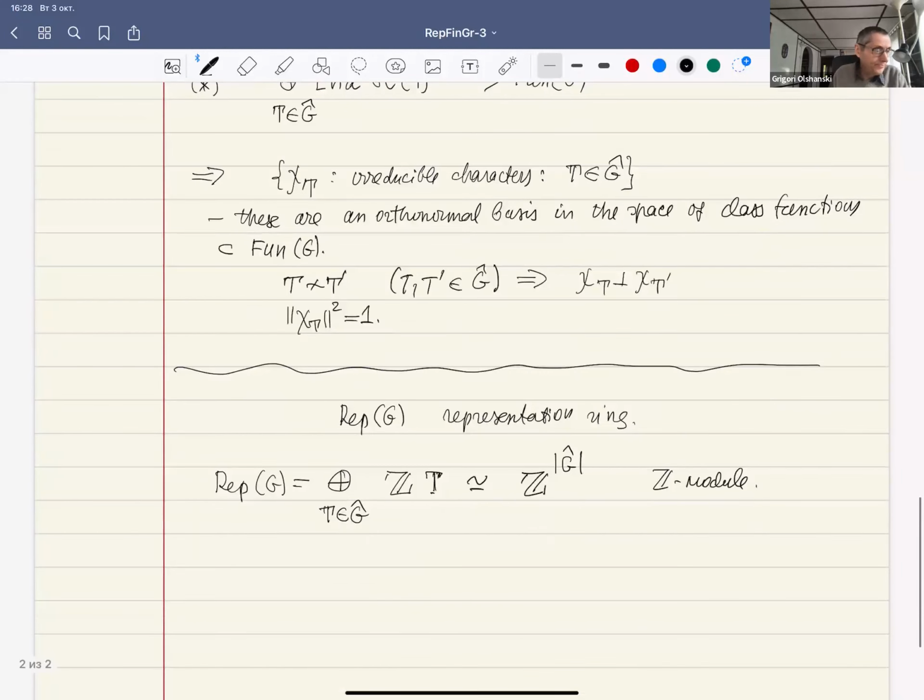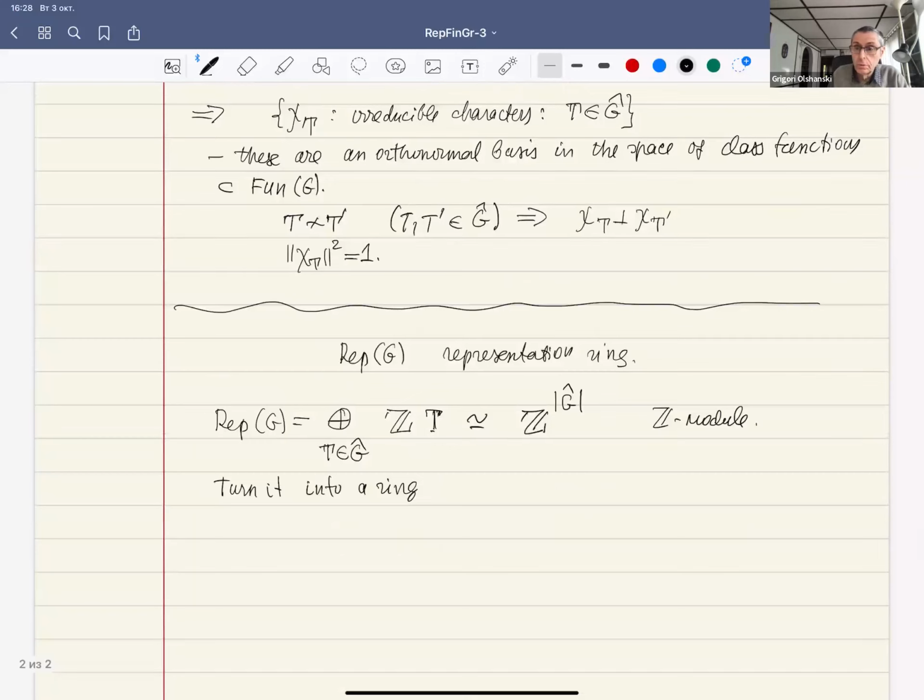And next we turn it into a ring. And for this, we need to define a multiplication. And multiplication is defined on the basis elements.